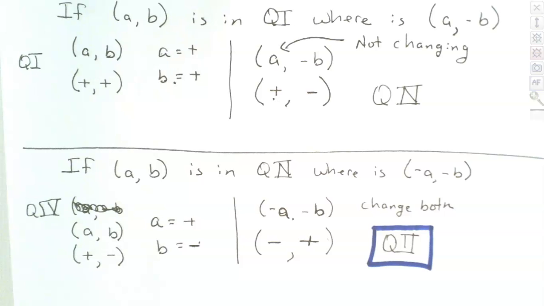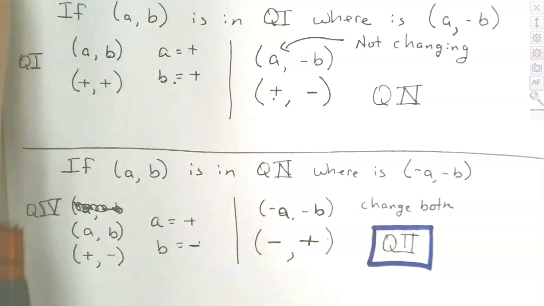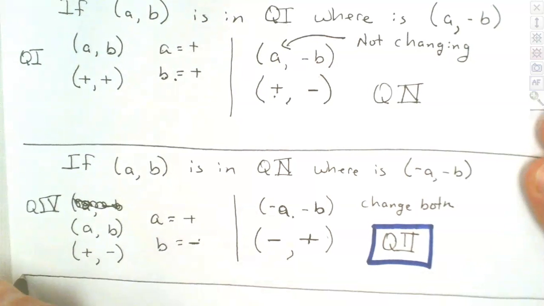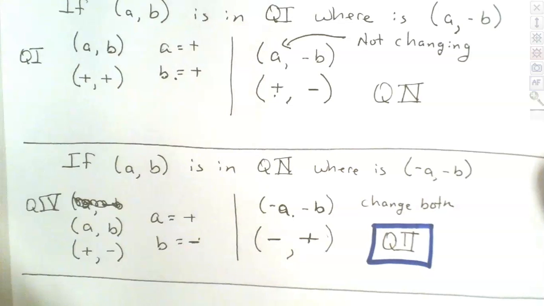Match them up. Then we change it. Now, you might change both signs. You might just change one of the signs. The one question that's like this is question 9 in your homework. So this is going to be like question 9.